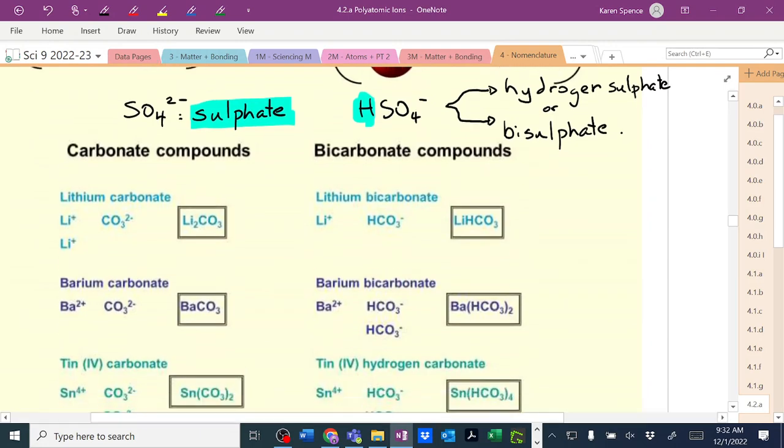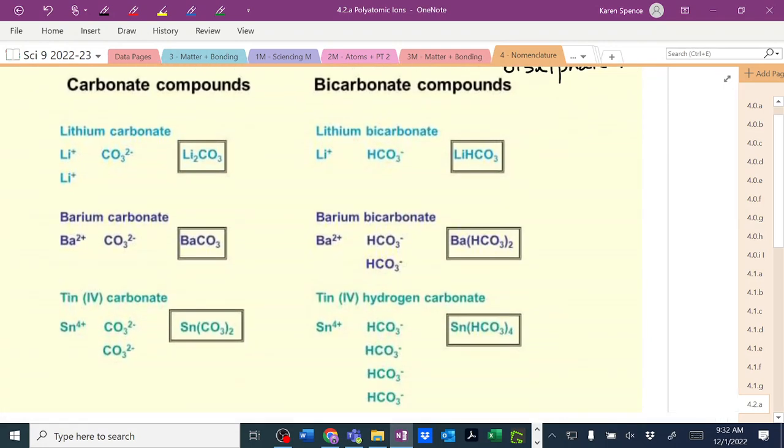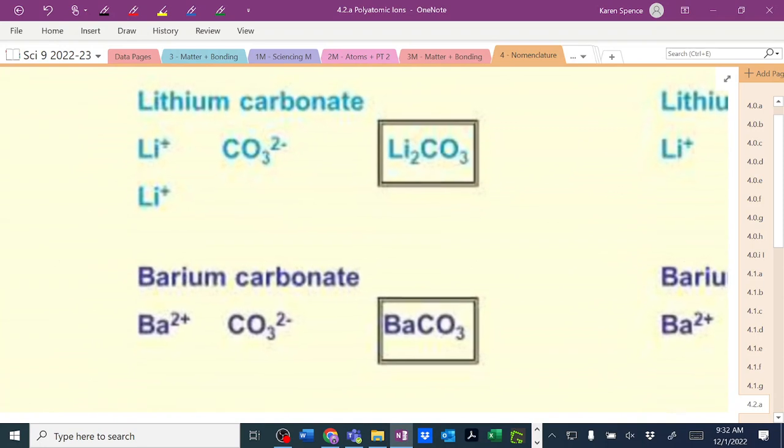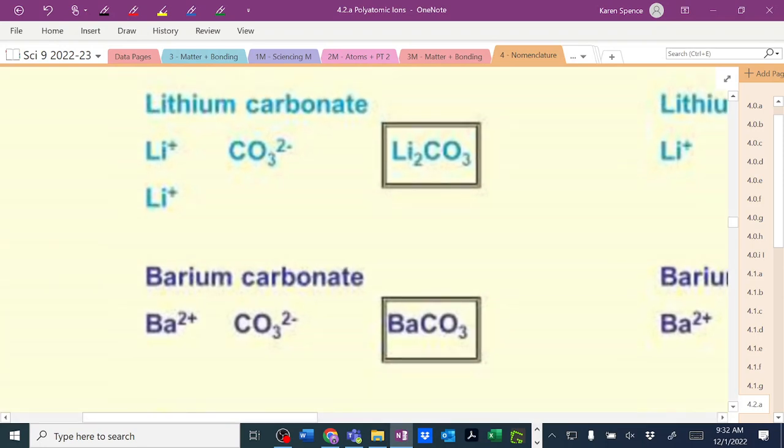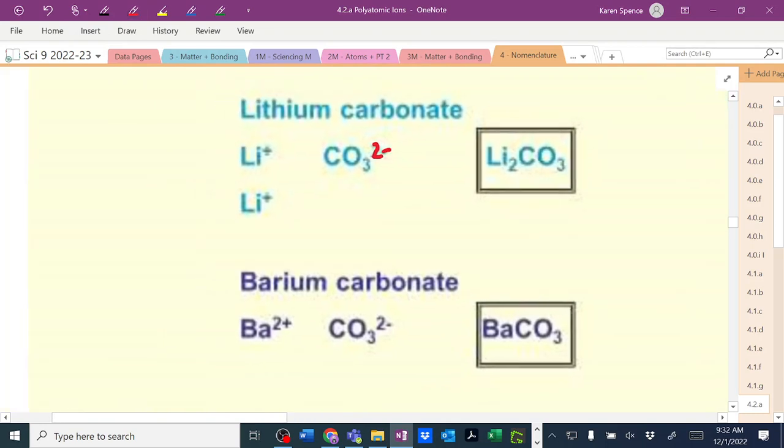And here are a bunch of carbonate compounds. We'll start by looking at those. Carbonate is 2 minus. Okay, so what this would look like is we would have a carbon with 3 oxygens attached to it, O, O, O, and that would be 2 negative.